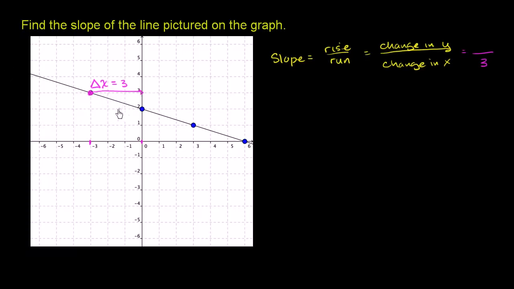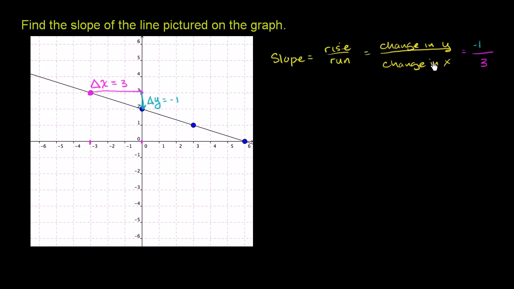But what happened to our y value? Our y value went down. It went from +3 to +2. Our y value went down by 1. So our change in y is equal to -1. So we rose -1. We actually went down. So our rise is -1 when our change in x is 3.